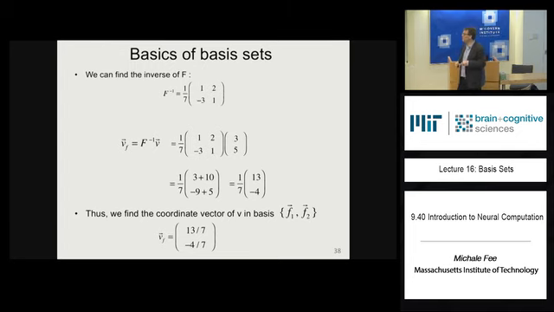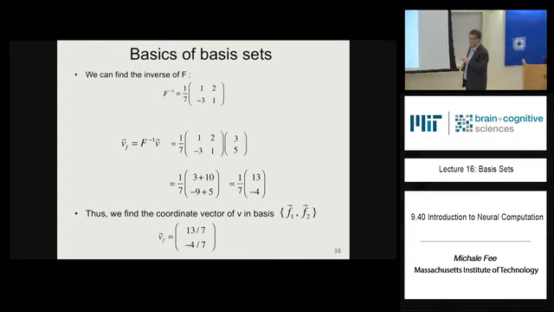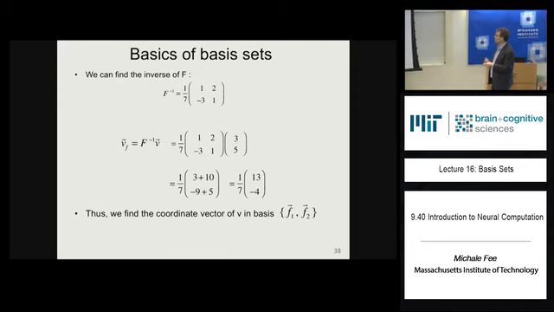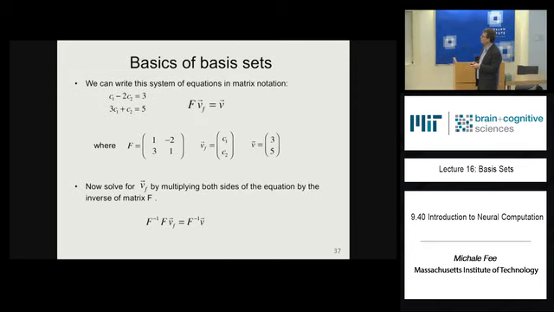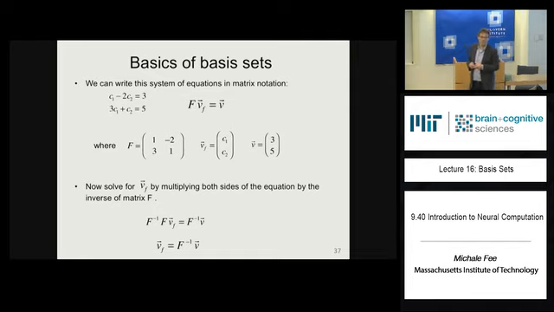So that's just a different way of writing v. There's v in the standard basis, and there's v in this new basis. All you do to go from the standard basis to any arbitrary new basis is multiply the vector by F inverse.